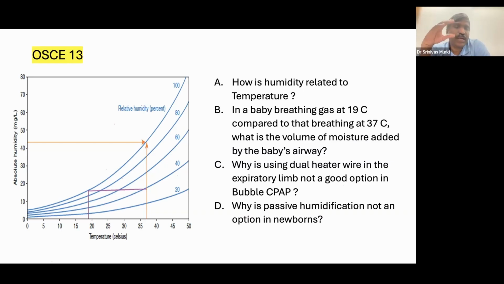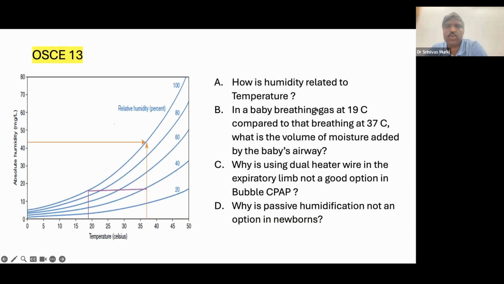So this will tell you that when you increase the temperature, the relative humidity will fall, and the relative humidity is nothing but whatever is the current humidity divided by what maximum it can hold at that particular temperature. So when you increase the temperature, the relative humidity will fall, and when you decrease the temperature, the relative humidity will increase.